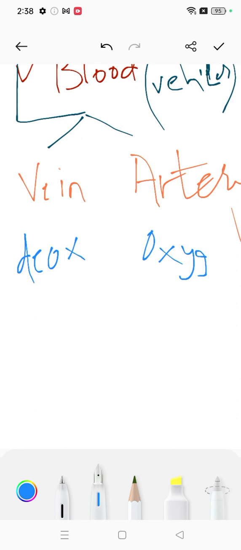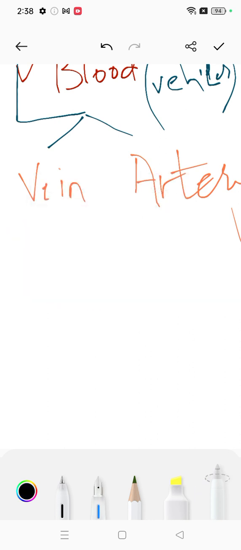But what if I say this is wrong? Not wrong, but partially true and partially false, because there's one exception. So we are not supposed to write this when anyone asks about vein and artery.